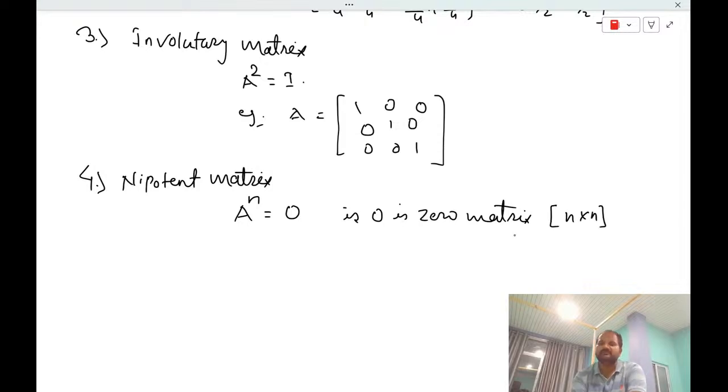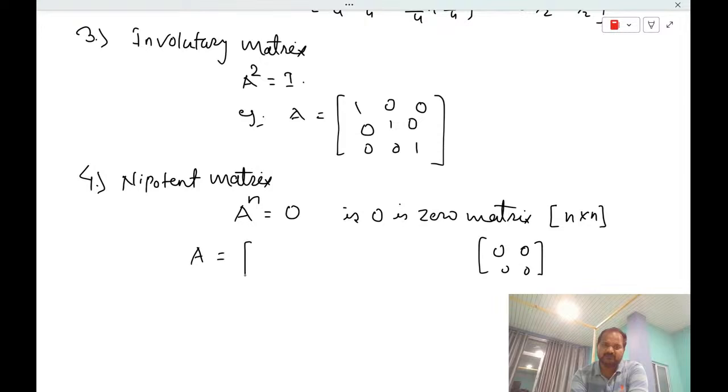The zero matrix has all rows and columns 0, and its determinant will be 0. So at which value of n does A to the power n give the zero matrix? Then it is called a nilpotent matrix.